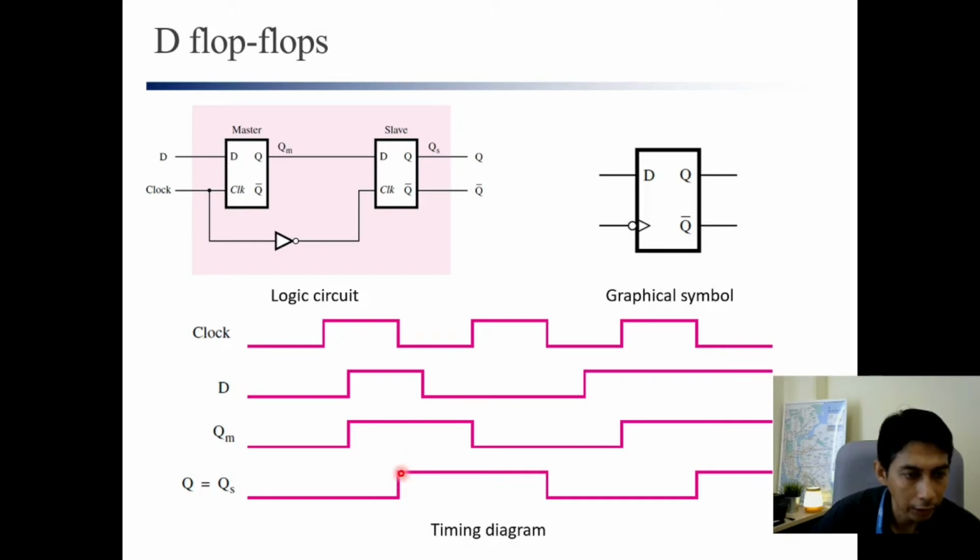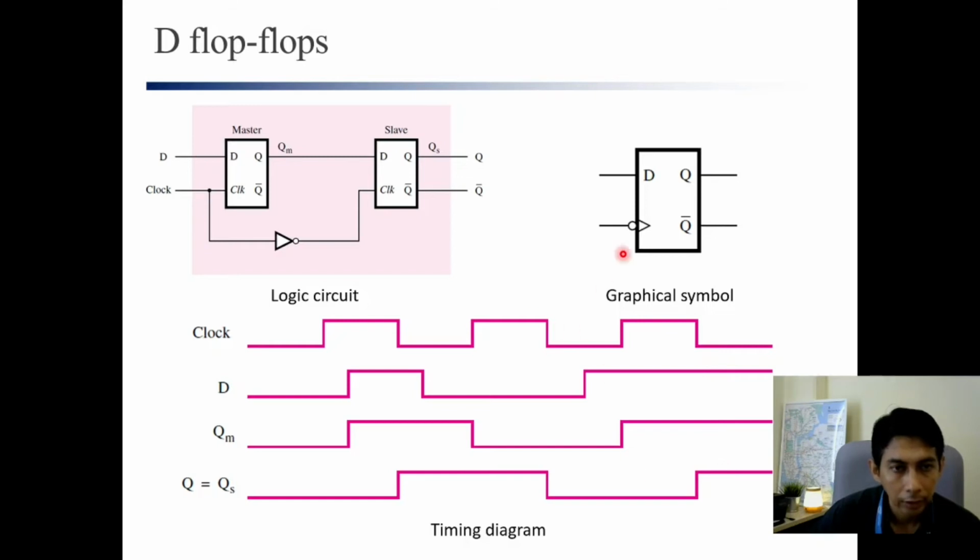It goes high because D is high here, and again it will wait for the next negative edge and look at the input. D is 0 here, so it will go down to 0, and again go up to 1 here because at the negative edge here D equals 1.